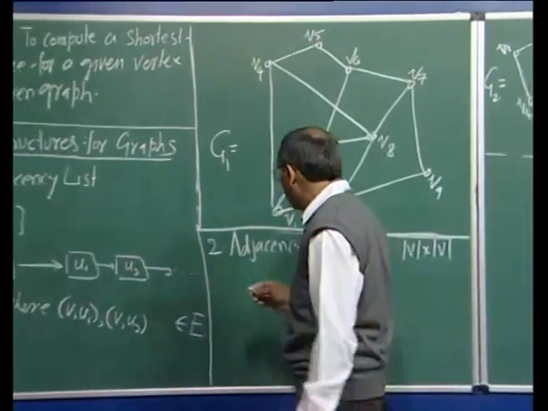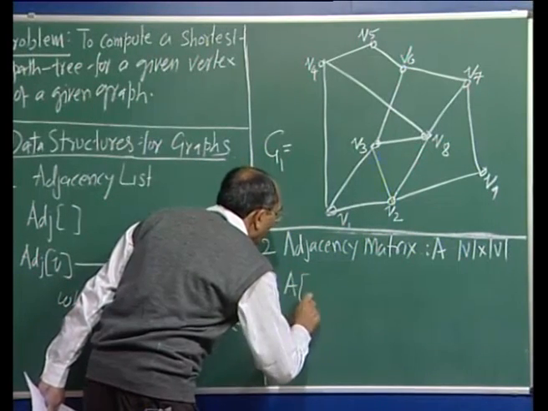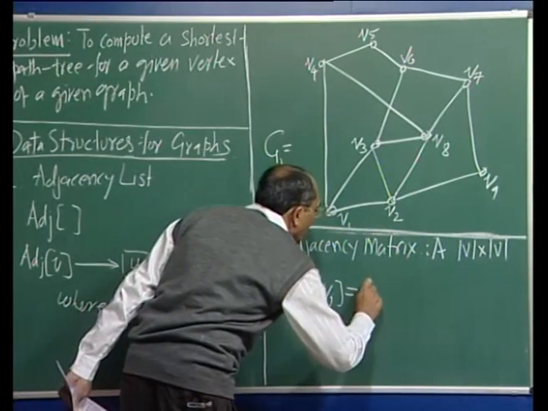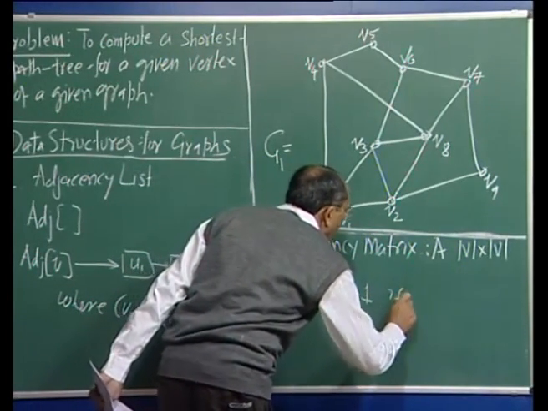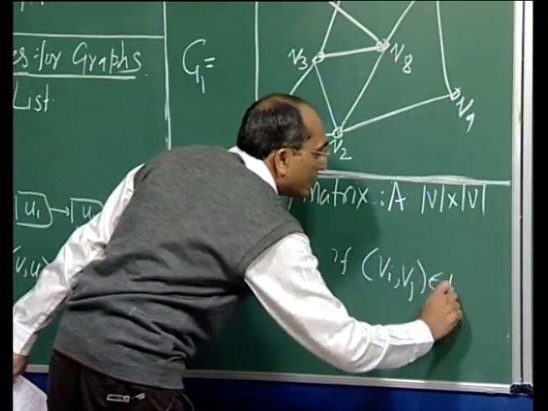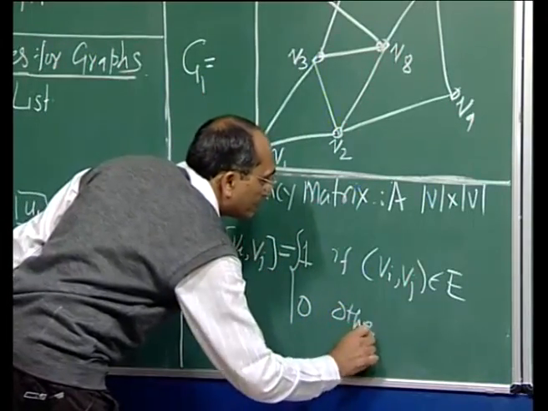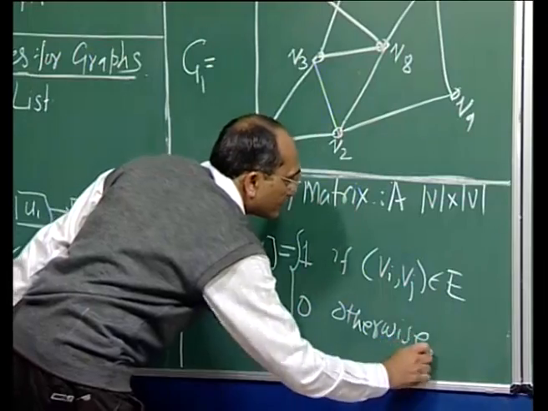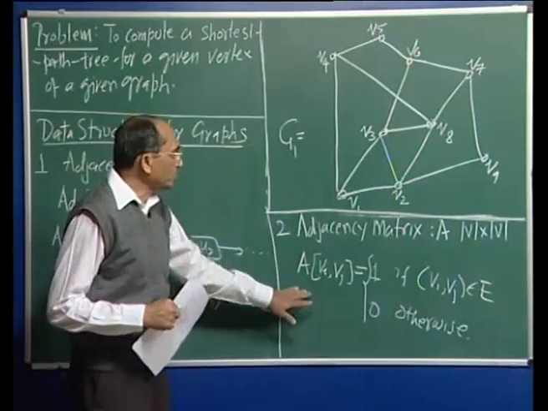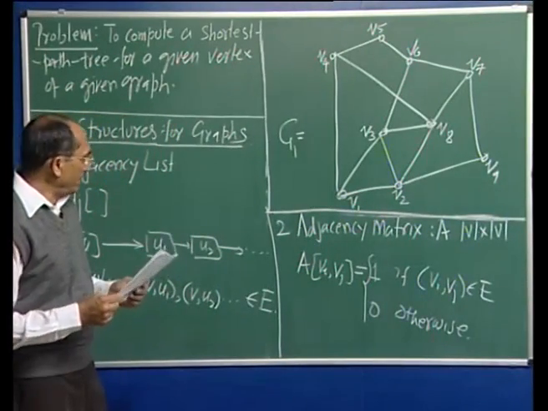And the way it represents a graph is that A of Vi comma Vj is 1 if Vi comma Vj belongs to the edge set, 0 otherwise. Okay. So, these two data structures we may find useful in describing algorithms.